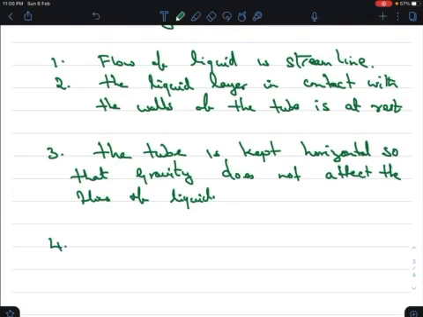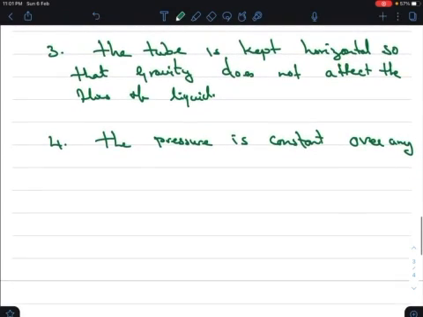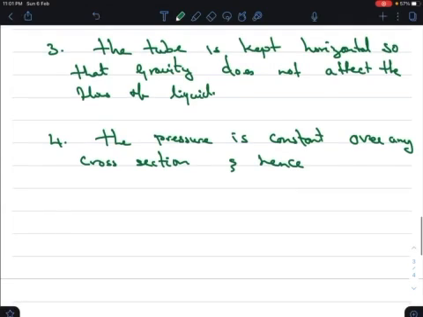And the fourth one, the pressure is constant over any cross section, and hence there is no radial flow of liquid.